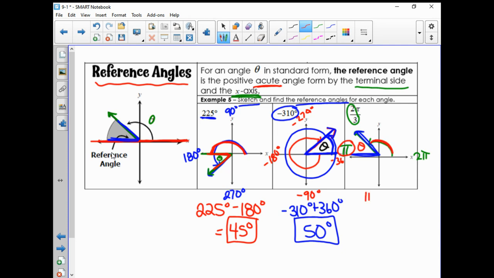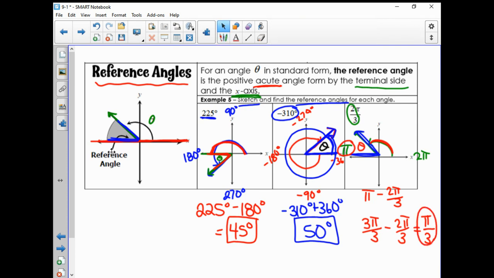I could just take that pi and subtract 2 pi over 3 right there to find what I need to add to it to get to that pi. Notice pi really is the same thing as 3 pi over 3. That's just 1 pi minus 2 pi over 3, which will give us 1 pi over 3 as our reference angle. And that's how you find a reference angle.